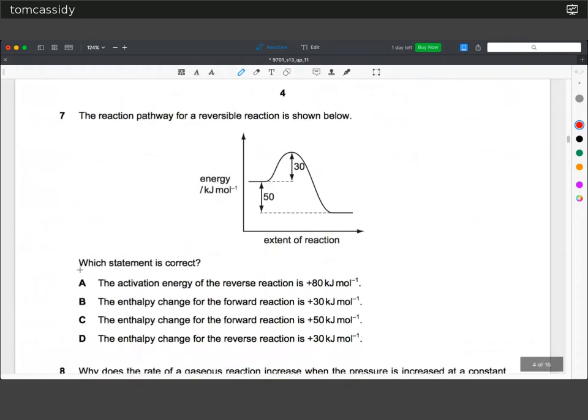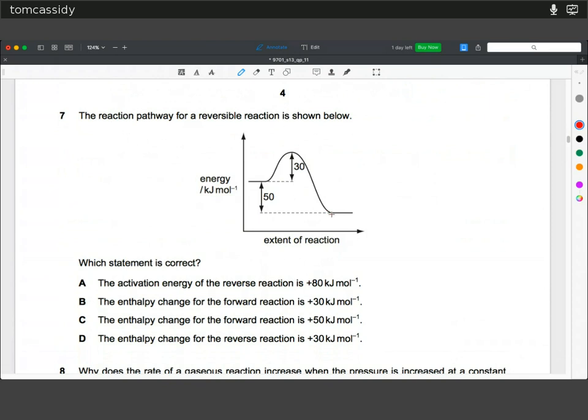Okay, next one, question 7, talking about activation energy and enthalpy changes here. And for this one, first up talks about the reverse reaction. So we need to look at the reaction profile going this way, because the reaction profile is usually written with the forward reaction going from left to right. But for the reverse reaction, we've got to go from right to left.